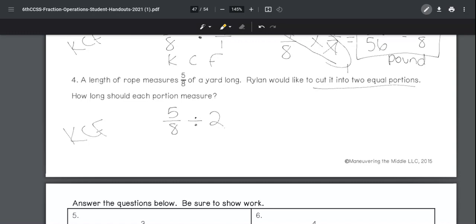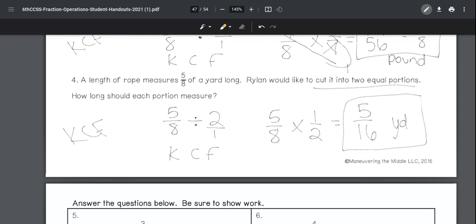First thing I'm going to do is put a 1 underneath my 2. Now I have a top and bottom for both. I'm ready for the KCF. Keep 5/8. Change division to multiplication and flip so it's 1/2. Multiply straight across and you get 5/16 of a yard for each piece. That's how long each piece will be.